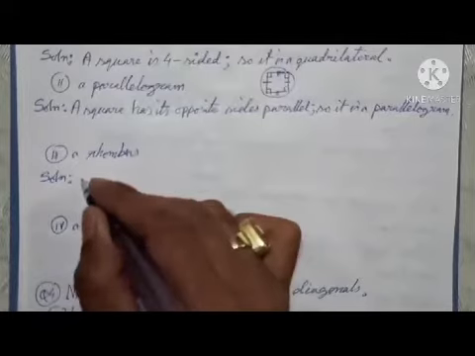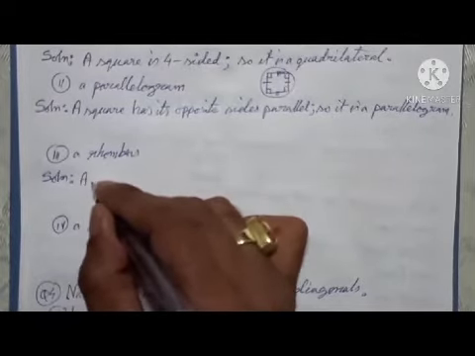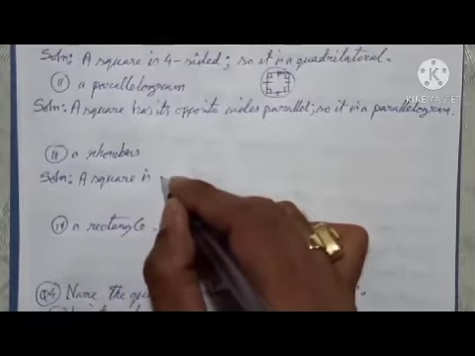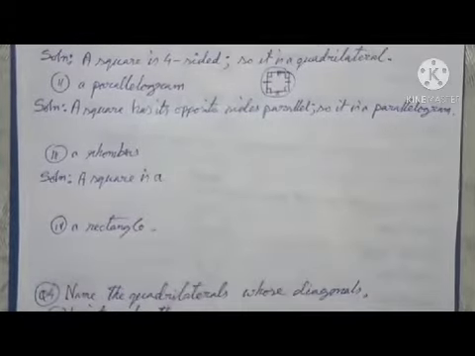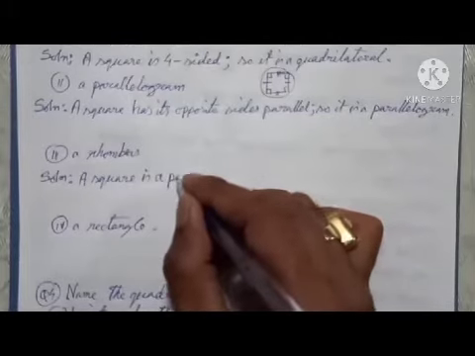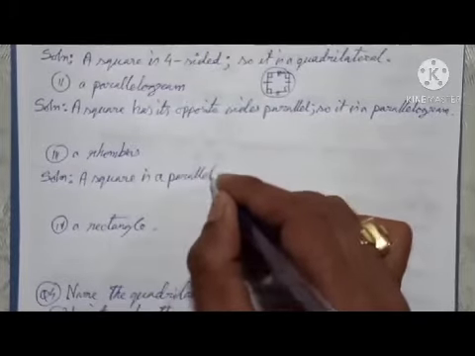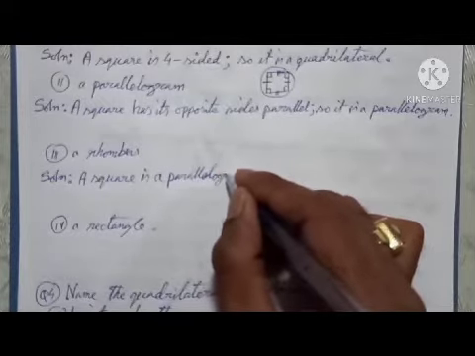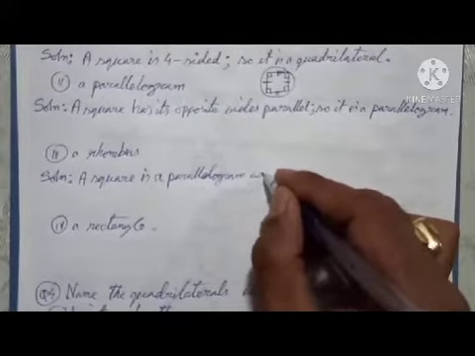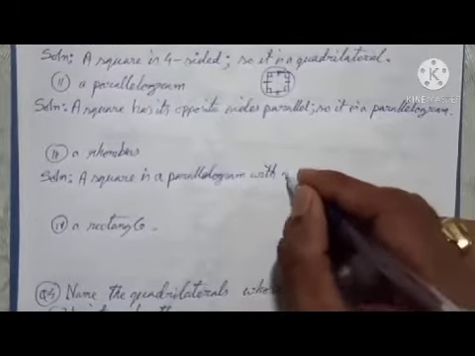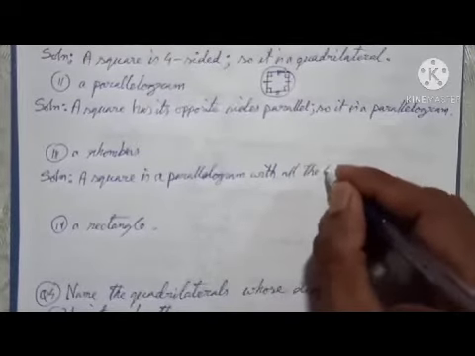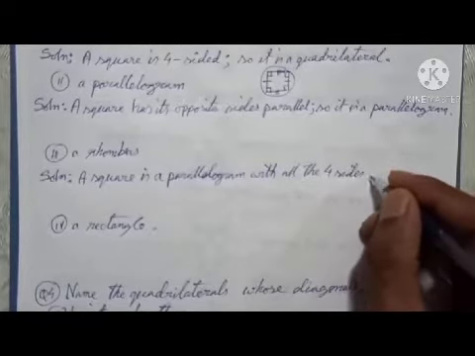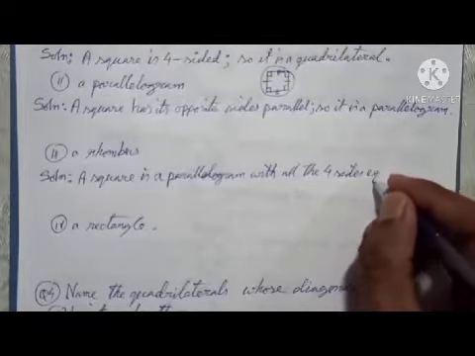we can write a square is a parallelogram, P-A-R-A-L-L-E-L-O-G-R-A-M, with all the four sides equal.